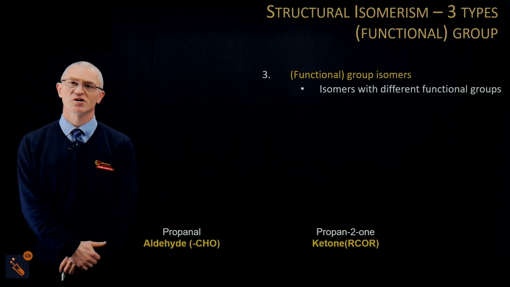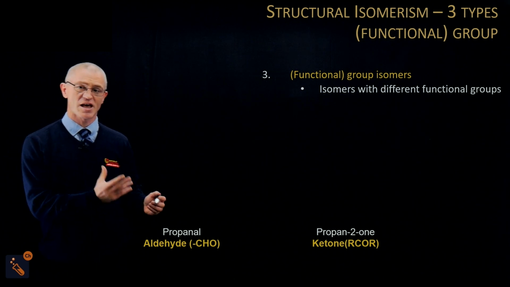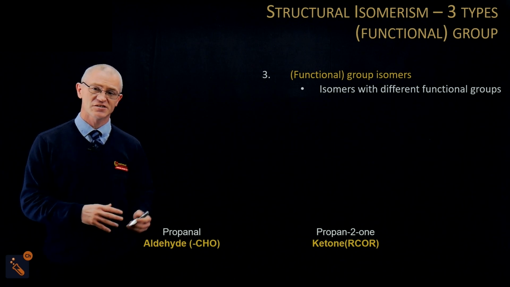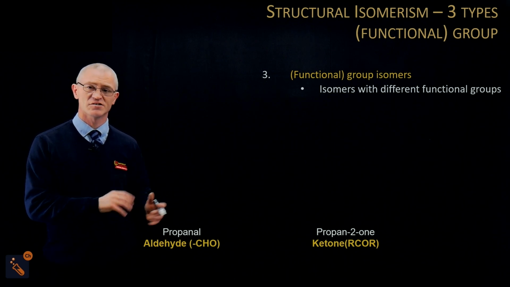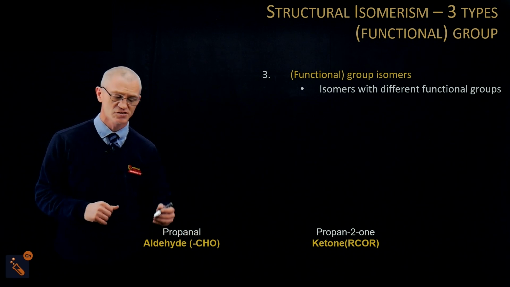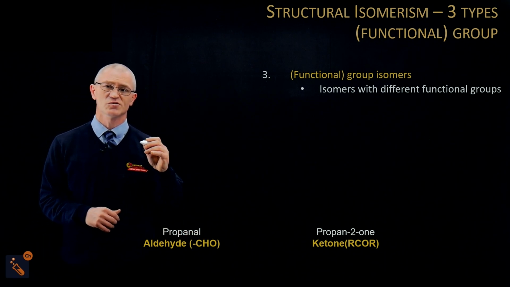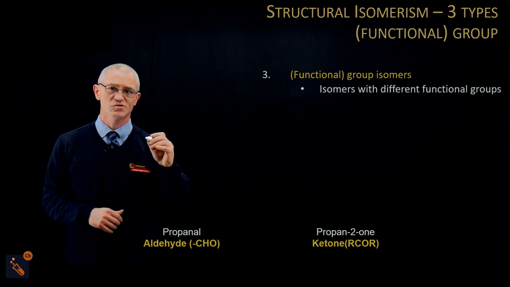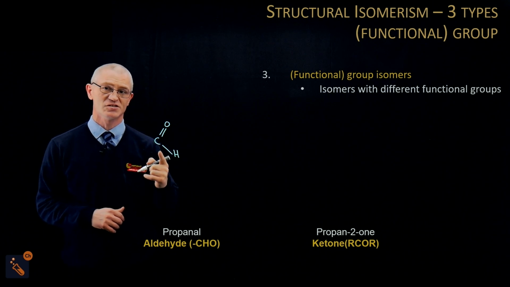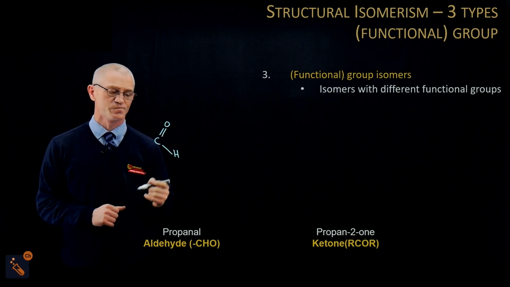Our final type of functional group isomer is aldehydes and ketones. We probably haven't done the video on aldehydes yet, so I'm going to introduce what an aldehyde group is. It's written as CHO, and normally has an R group on it as well. All we do is put the C, the double bond O and the H, and that is written CHO.